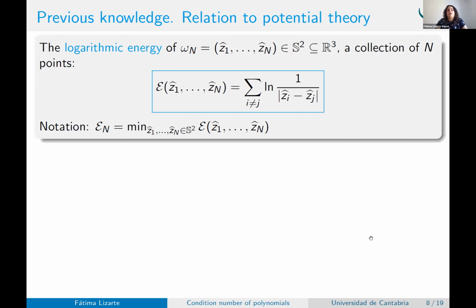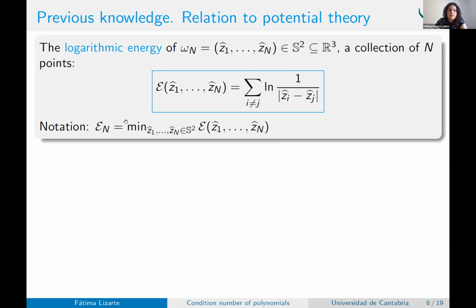On the other hand, our problem is related to potential theory. Before giving the next previous knowledge, it is necessary to define the logarithmic energy of spherical points. So let me define the logarithmic energy of a collection of n points on the sphere as the sum of the logarithm of the inverse of their mutual distances.